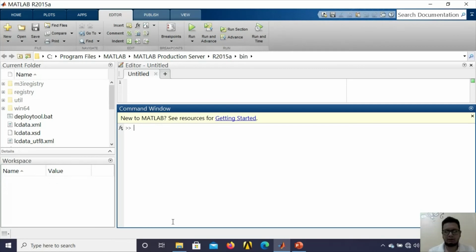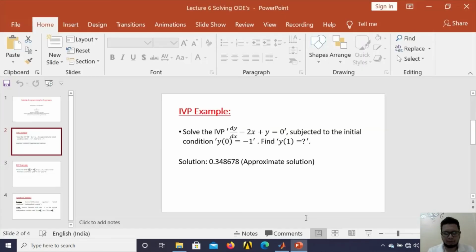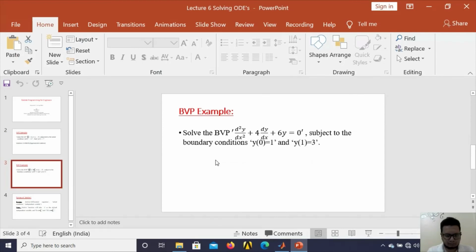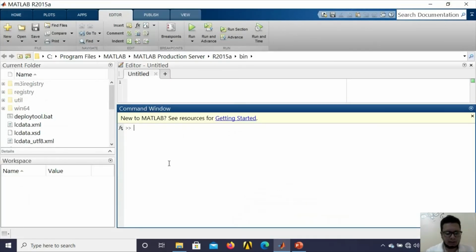Now let's solve a boundary value problem. d square y over dx square plus 4 dy over dx plus 6y. So dsolve, this time I wrote it correctly.